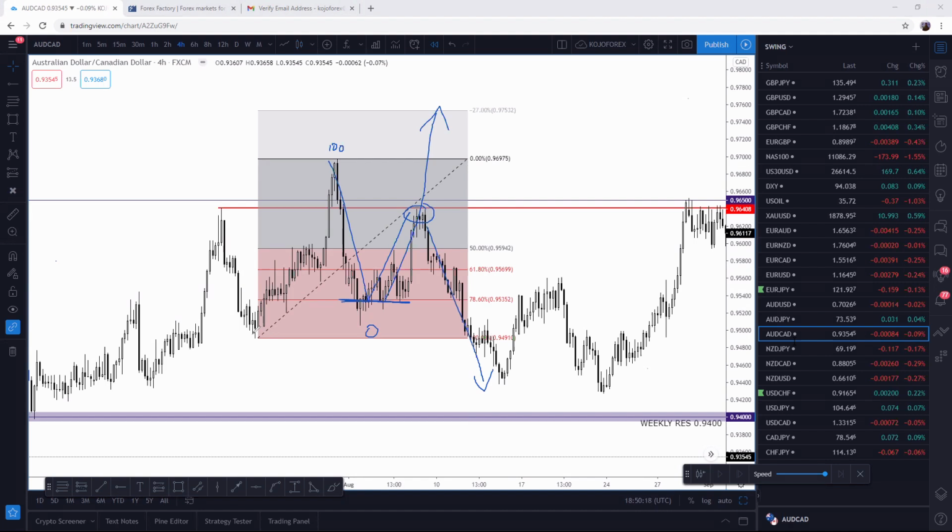This one was 100 to 0, and then we made a retracement to the 70, and then expected a push up. But here to here is also 100 to 0. We retrace into, let me use a red one, we retrace into this, tapped exactly onto this head and shoulder level, and then a push down, right?